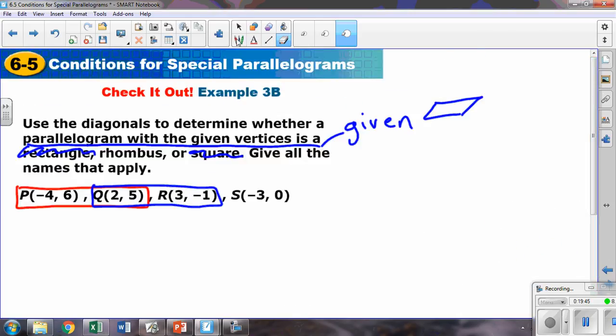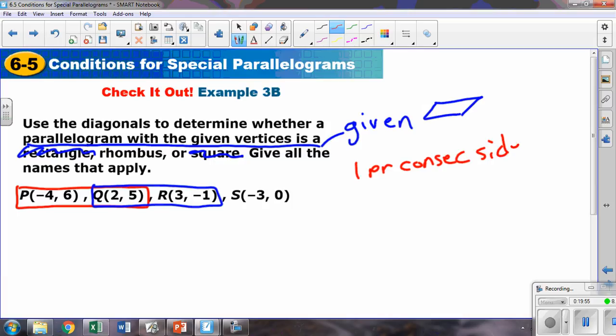If we are going to have something be a rhombus, we've got 3 different techniques that we could apply. If we have one pair of consecutive sides congruent, that'll give us our rhombus, since it's already a parallelogram. Well, that's going to need the distance formula twice.